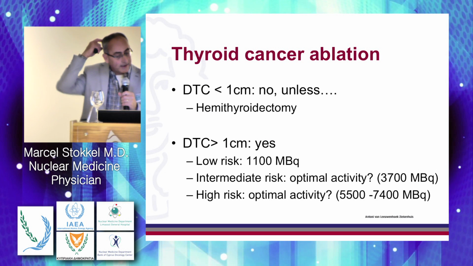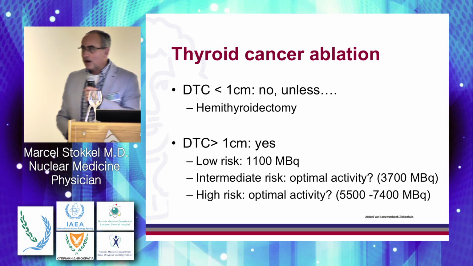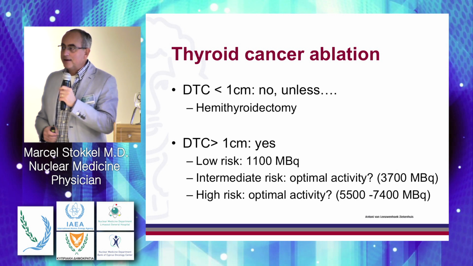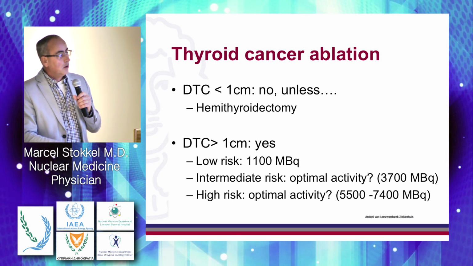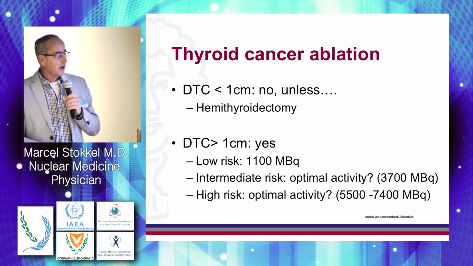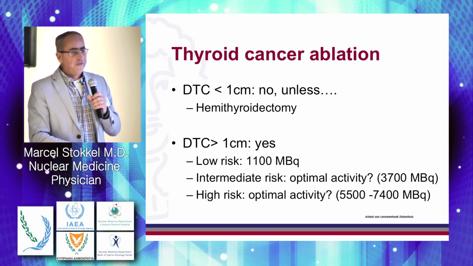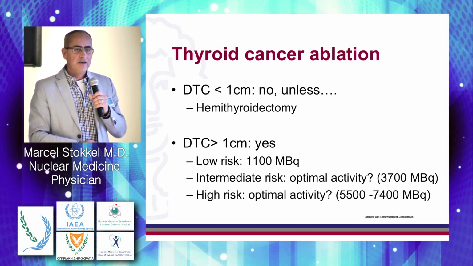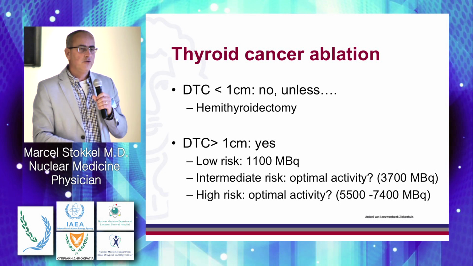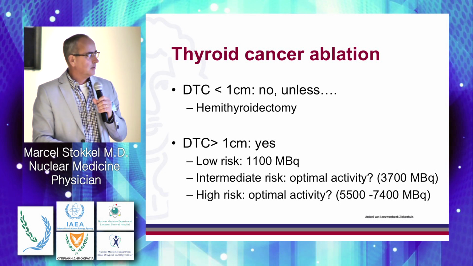Regarding the dose, well, again, I think in low-risk patients there are enough data that underline the use of rather low activity, 1100 megabecquerels. In fact, we are not allowed to talk about intermediate risk patients, but if we do that, what is the optimal activity?